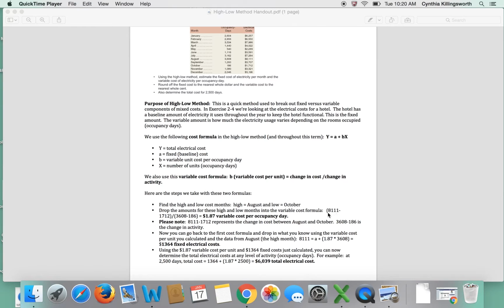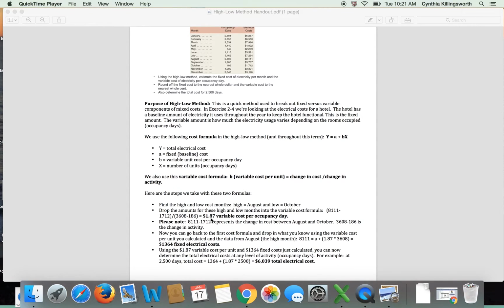So we take the high cost for August, subtract the low cost for October, divide that by the change in activity we're seeing, which is the high occupancy days for August minus the low occupancy days for October.